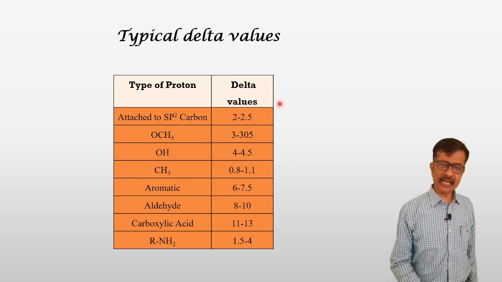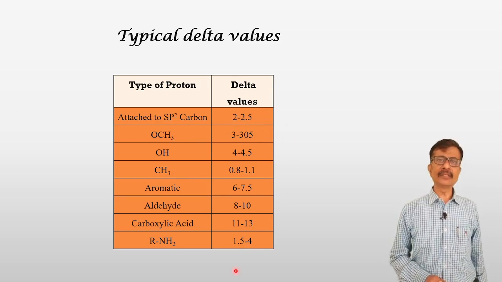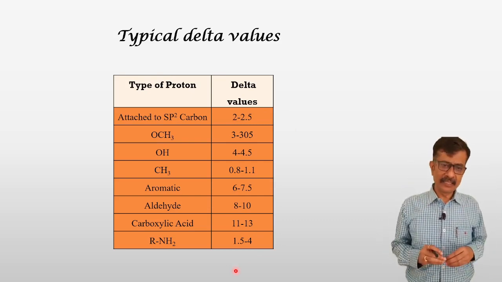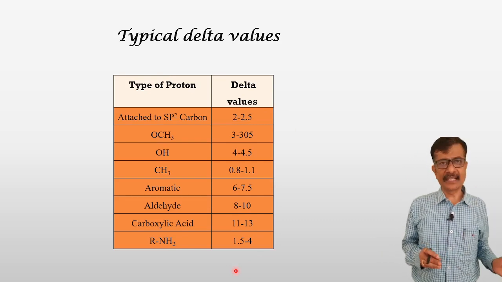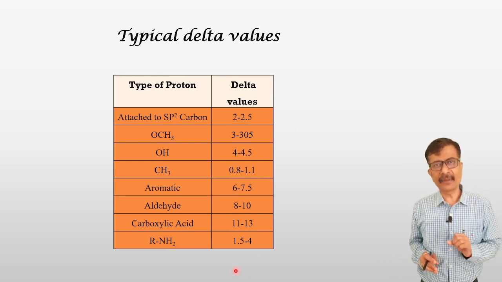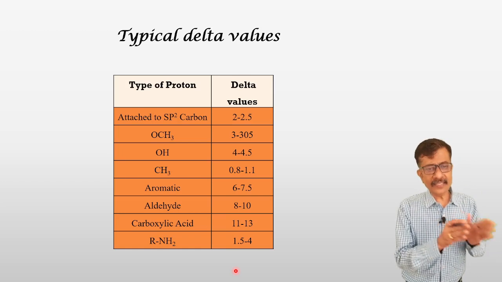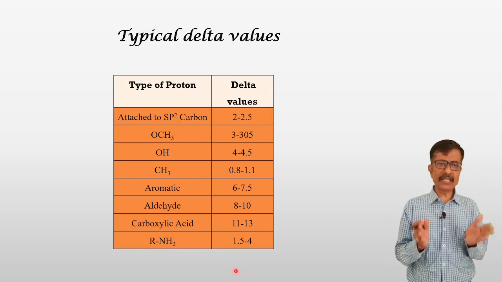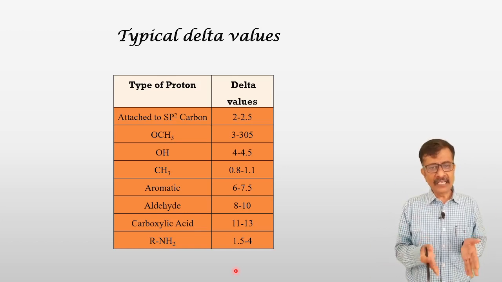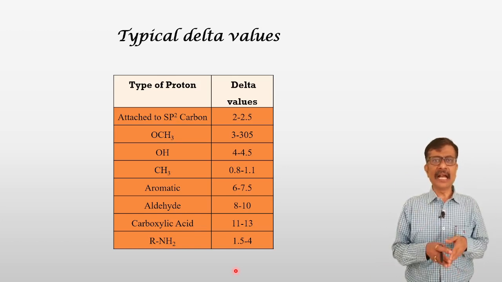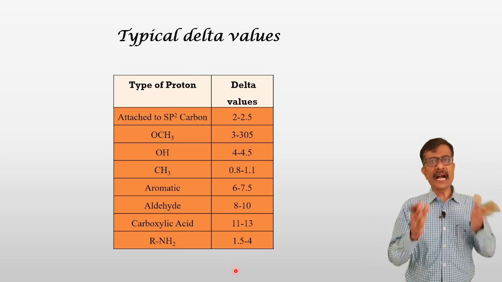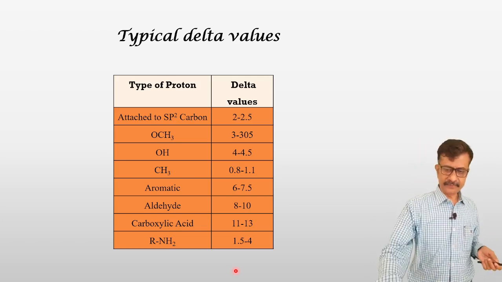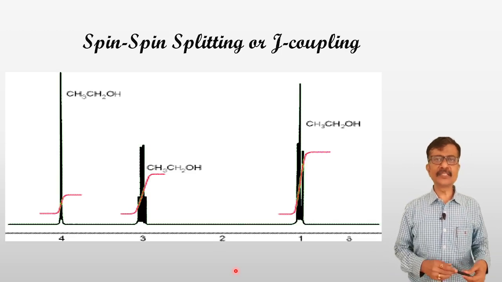There will be alteration in the delta values based upon what substituent is connected, or who its neighbor is, where this proton is attached, and by what kind of bonding. That may alter the delta value, and that will help in identifying the neighbor and elucidating the molecular structure. Now this is the spin-spin splitting.